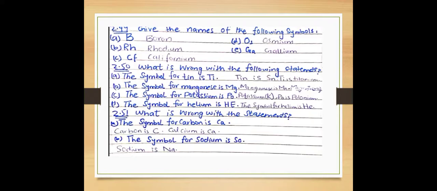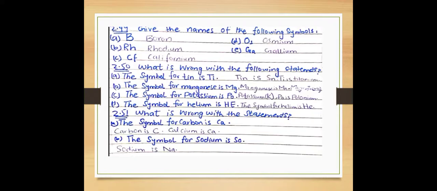The symbol for helium is He. The symbol of helium is basically capital H, small e. There is a mistake: the second letter must be in small letter. Similarly, what is wrong with this statement? The symbol for carbon is Ca, but it is not Ca, it is capital C. Ca is for calcium. The symbol for sodium is So.